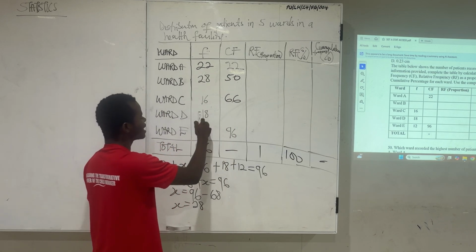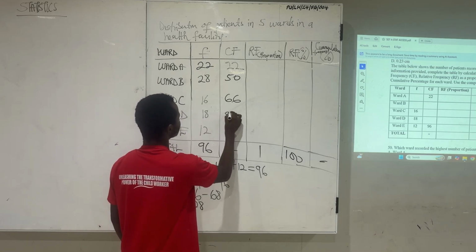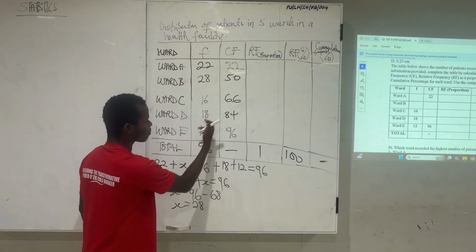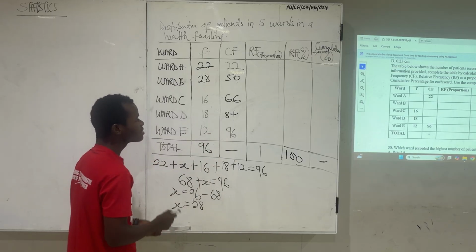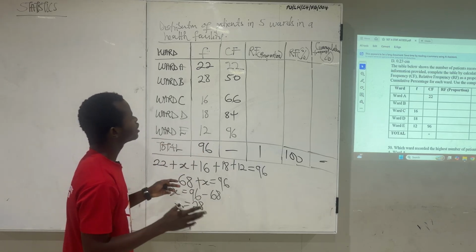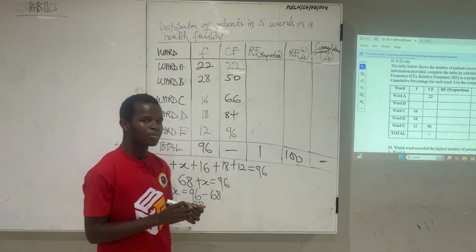Then 66 plus 18, which will give us 84. Then let's confirm the principle we applied: 84 plus 12 is 96. It means that the principle always works. So when you are faced with this challenge or a certain question, make sure that you apply the principles to make it simple for you.